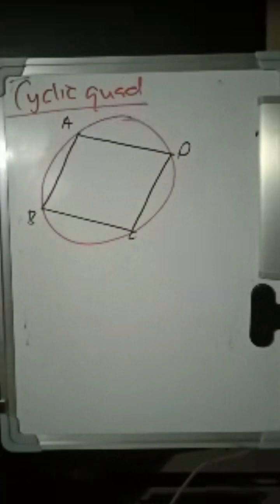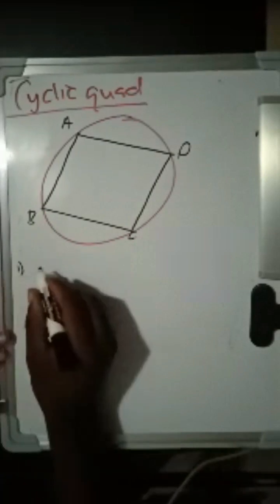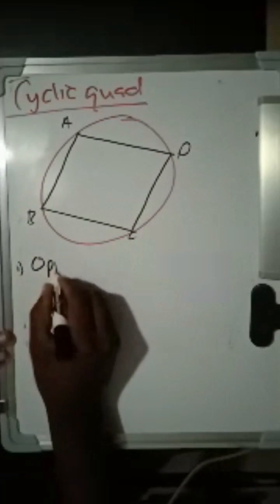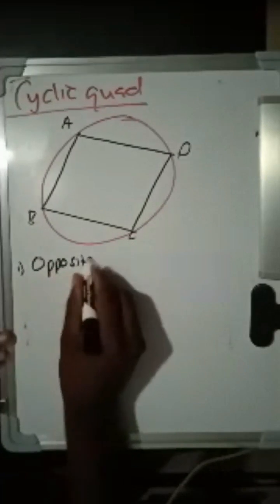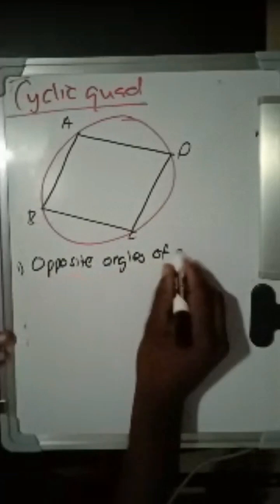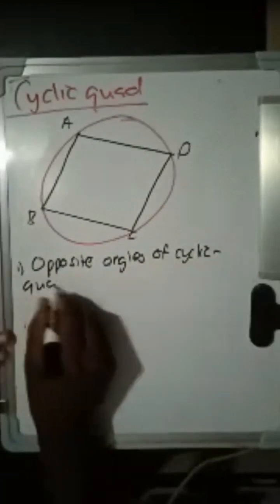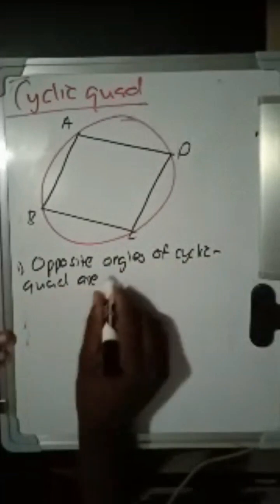solving Euclidean geometry problems. Okay, number one, it says the opposite angles of a cyclic quad are supplementary.